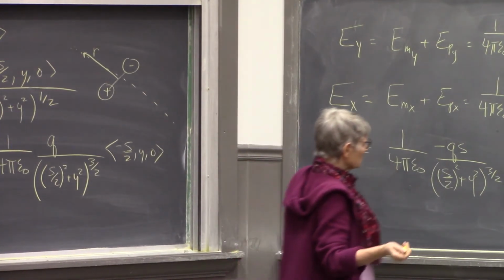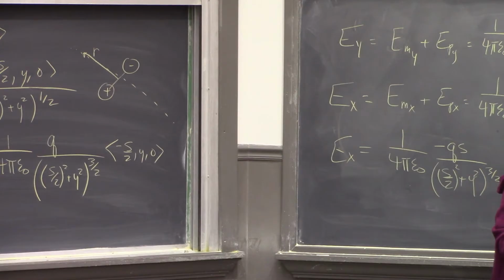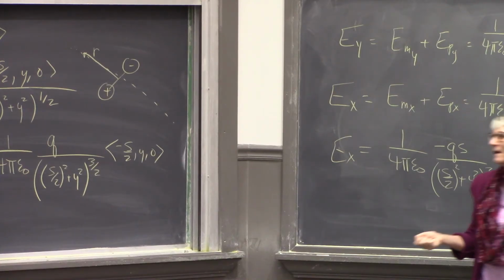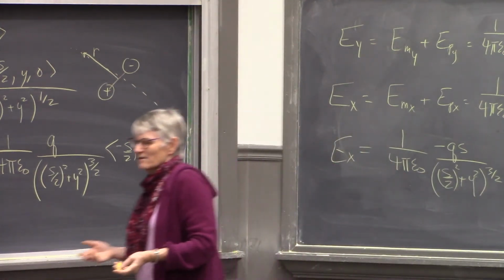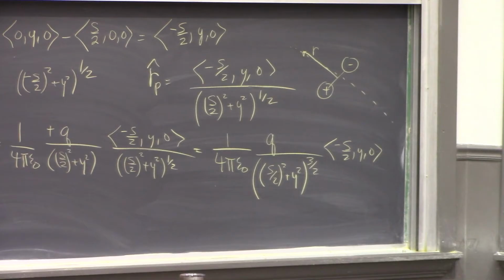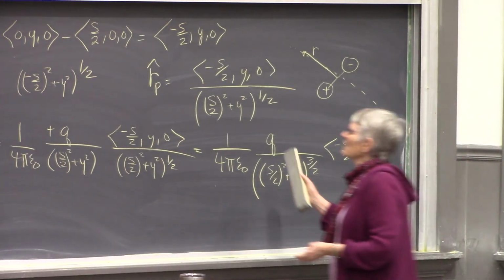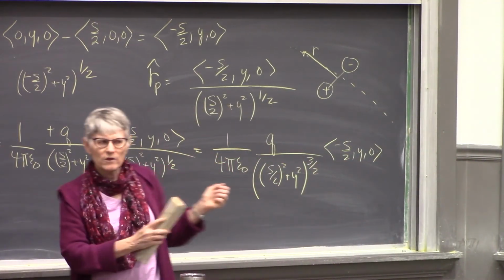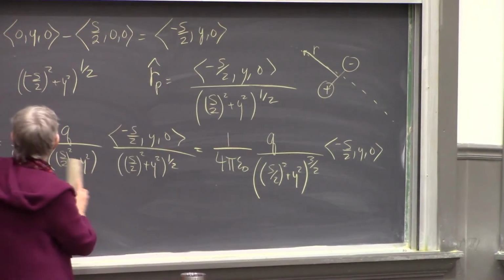However, we still didn't answer our question, which is, does this look like 1 over distance cubed or not? Because we have an expression that doesn't, it's messy, right? So let's see if we can simplify this a little bit. I'm going to erase this. It's actually in the book, so it's all right.